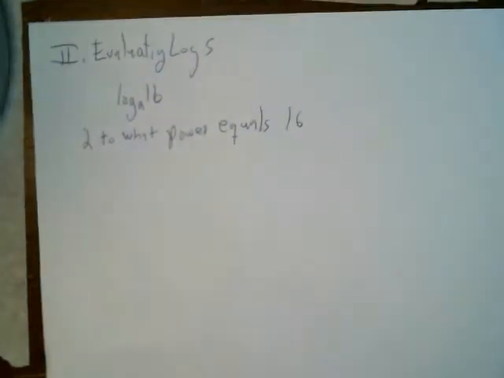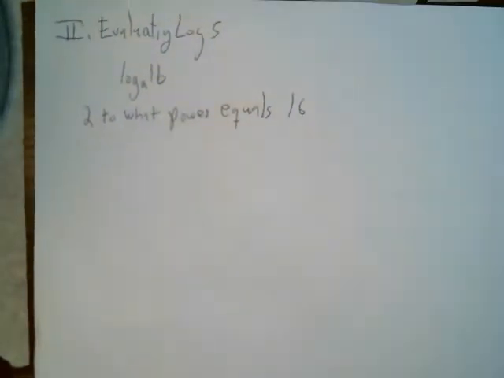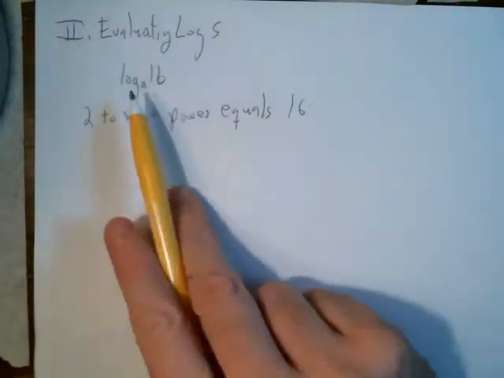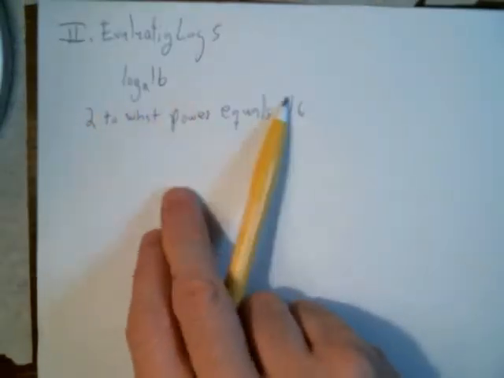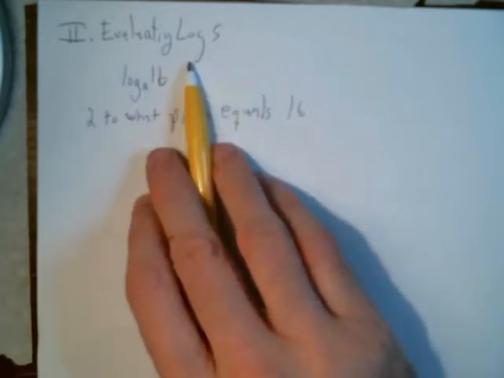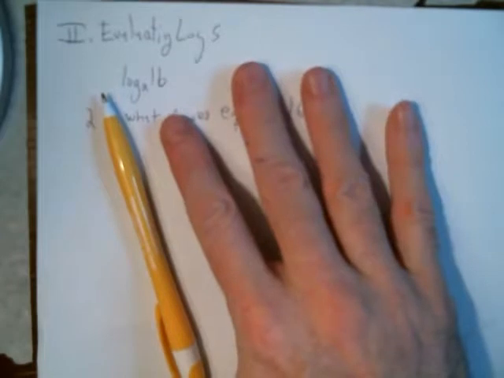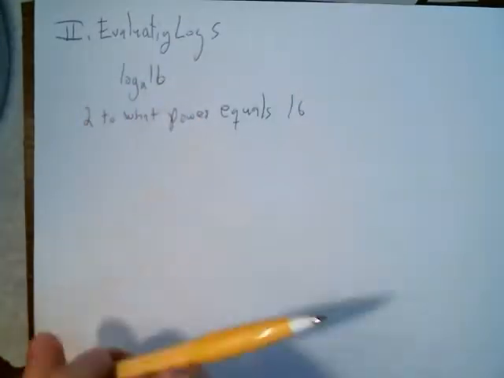And obviously this is not always going to work. You have to use a calculator for some of them, like log base 2 of 5. 2 to what power equals 5? I have no idea. But for this kind of problem, you should be able to do it without a calculator. 2 to what power is 16? Well, 2 times 2 is 4, times 2 is 8, times 2, 16. 2 to the 4th power. So this would equal 4.